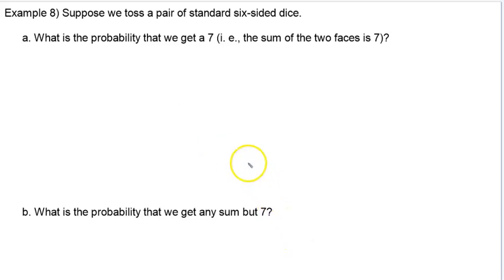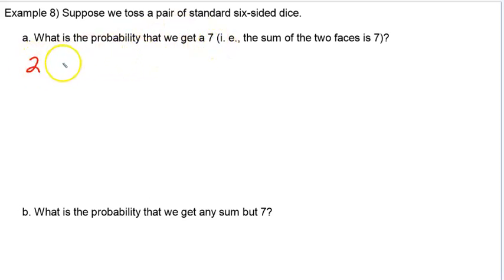Okay, let's take a look at another example. We toss a pair of standard 6-sided number cubes. What's the probability that we get a 7? In other words, the 2 faces that show up would add up to equal 7. All right. So first of all, if you want the total number of possible equally likely outcomes, you can always do this.